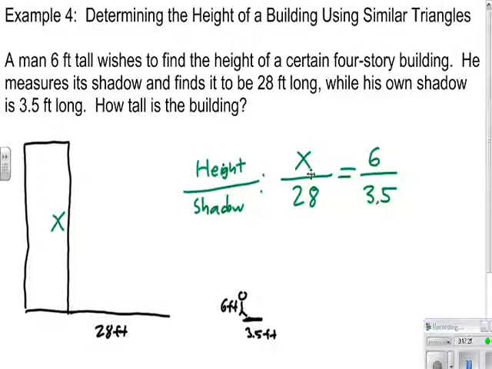We can cross multiply, so 3.5 times x equals 28 times 6, 168. Divide by 3.5, we get x equals 48 feet. So the building is 48 feet tall.